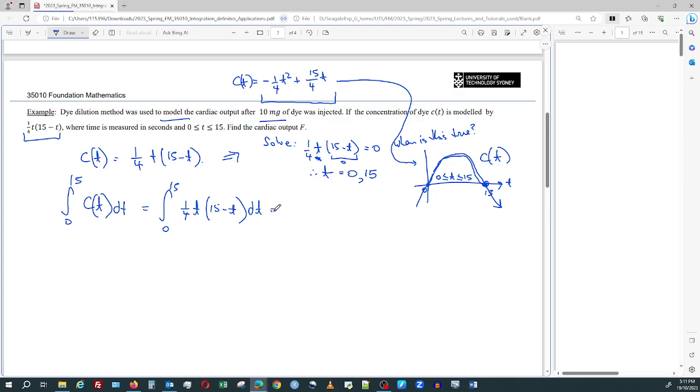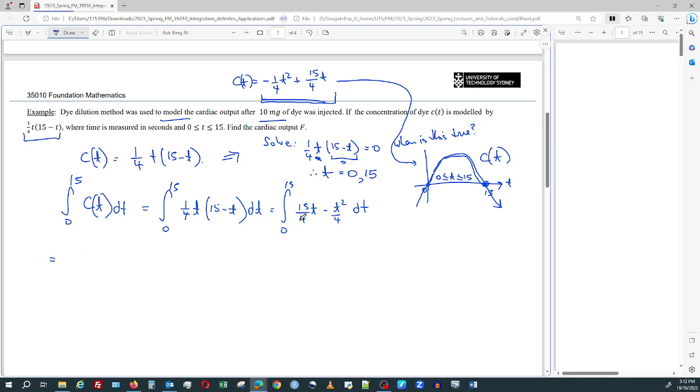Now we'll expand like we did up here, so we'll get the integral from 0 to 15, just putting the first term positive there and the second term negative there. And now we can go ahead and do the integration.